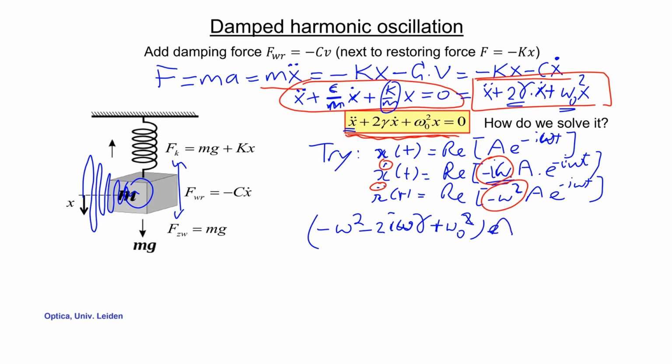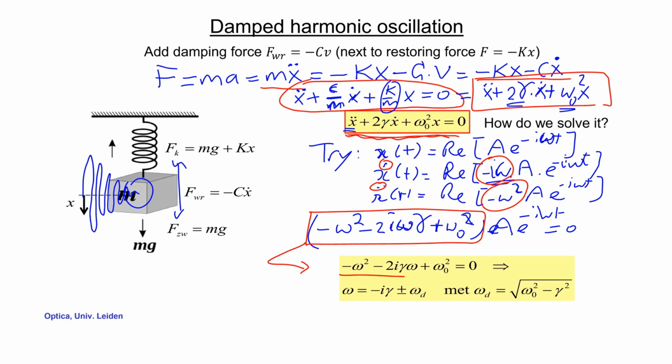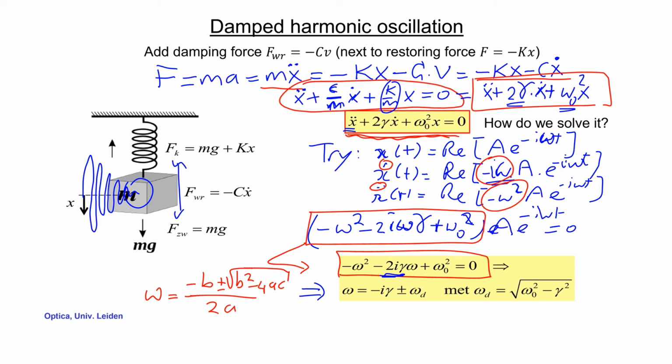So solving this differential equation basically reduces to solving a quadratic equation. And we know how to do this, because the solutions for quadratic equations are of this form that you already learned in secondary school, the famous ABC equation. And then if you plug in these numbers for the A, B and C coefficients, you get this expression.